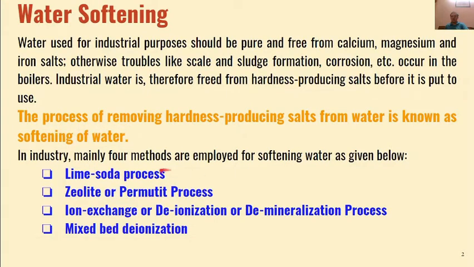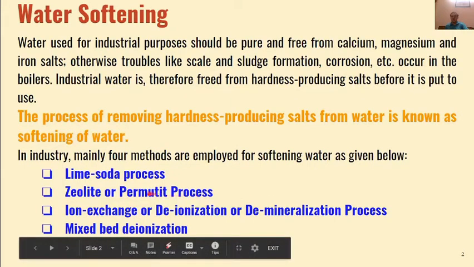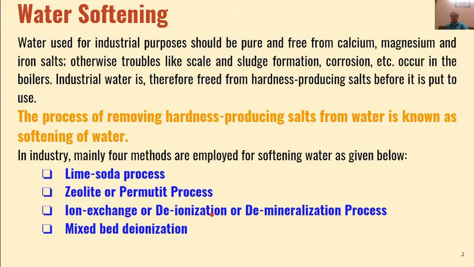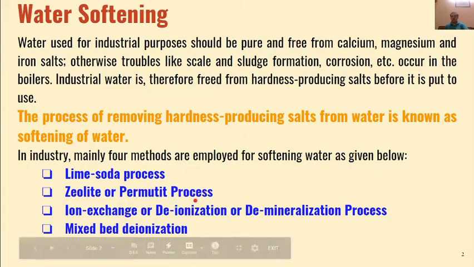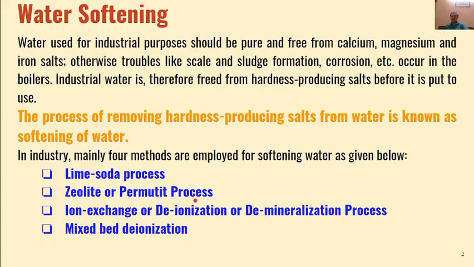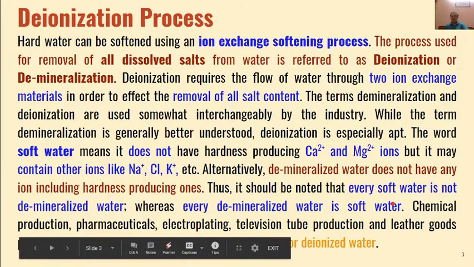Out of these, we have already discussed the lime soda process and the zeolite or permutit process. This mixed bed deionization is almost similar to the ion exchange or deionization or demineralization process. So we will be discussing in this lecture mainly this process, the ion exchange or deionization or demineralization process.